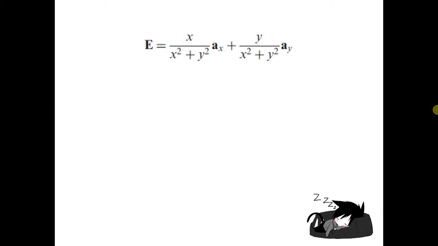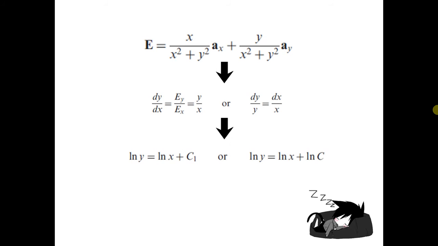In Cartesian coordinates, E equals x over x squared plus y squared times ax plus y over x squared plus y squared times ay. Thus, we form the differential equation dy over dx equals Ey over Ex equals y over x, or dy over y equals dx over x.